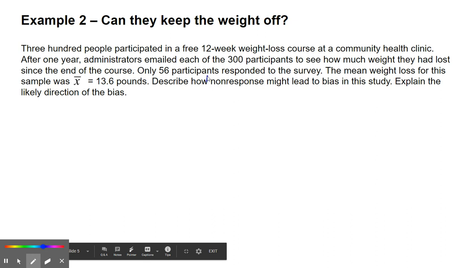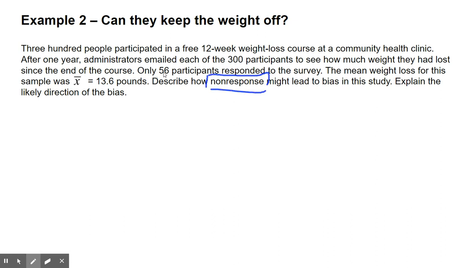So again, we're talking about non-response here. And of course, we sent out 300. We only got 56. That means that 244 people did not respond. That's not a good percentage that replied, right? So what could lead to this? Well, here we go. People who haven't lost weight might be embarrassed and choose not to reply.